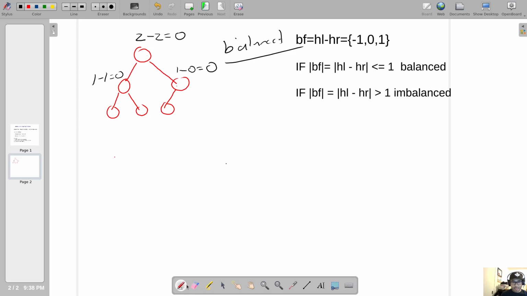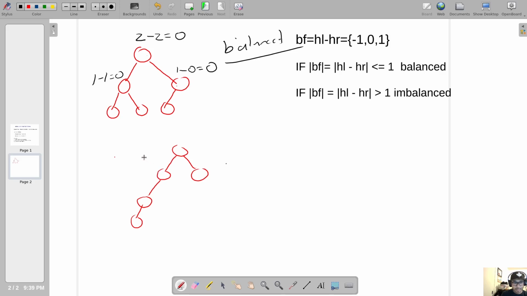And let's do this tree right over here. Let's get the balance factor for this one. All right, let's count the levels. When we're counting, we don't start at the node we're counting the balance factor for, we start below it.